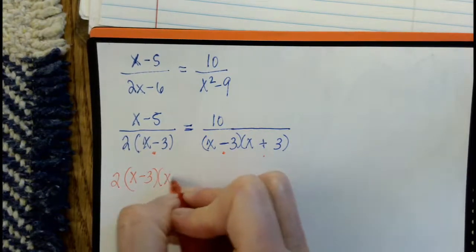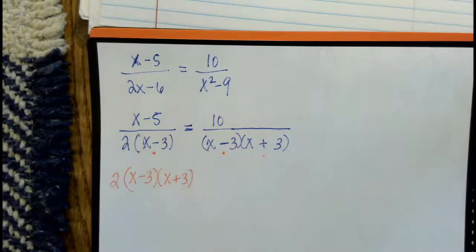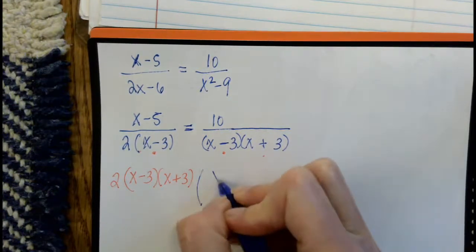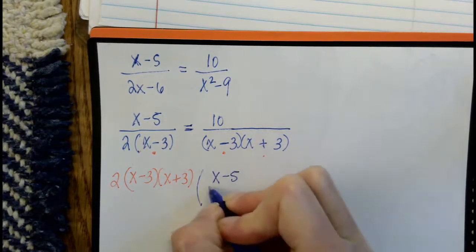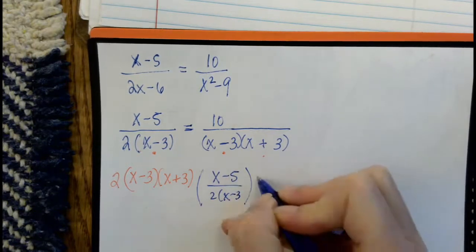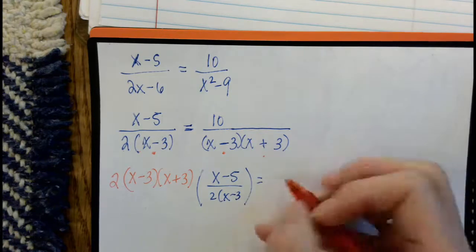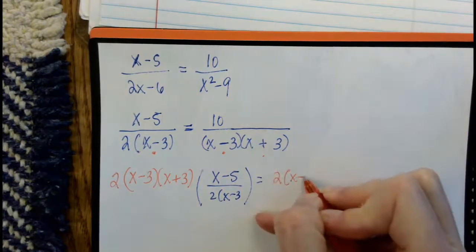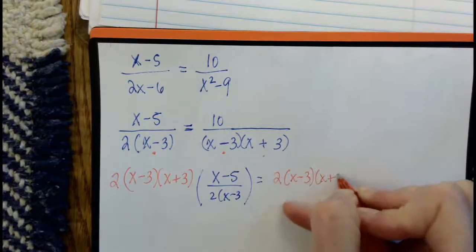That has to be part of the common denominator. And once we determine what the common denominator is, now we can take that value and multiply the left side of the equation by that value, and we can do the same to the right side.